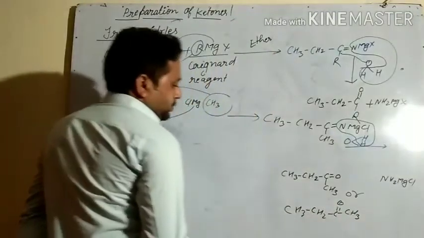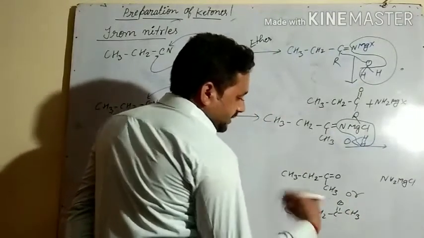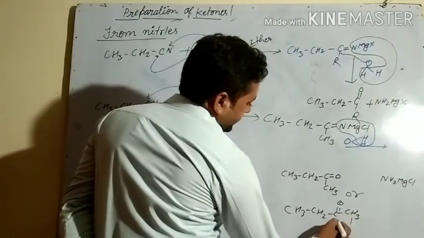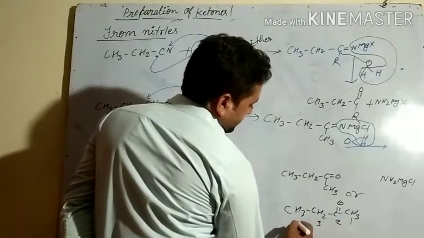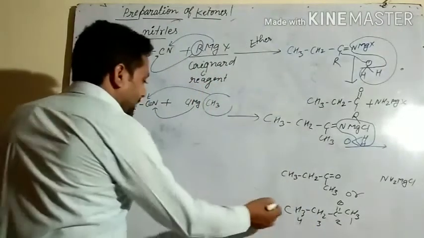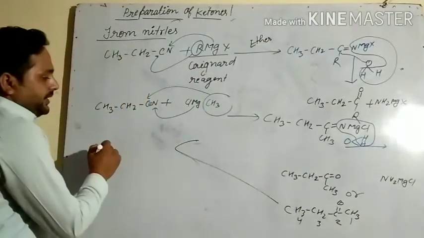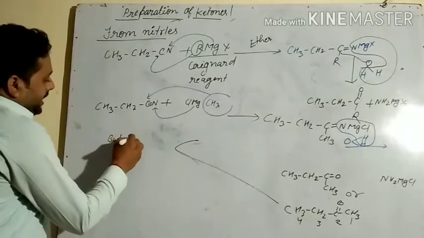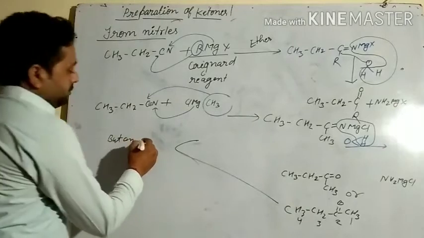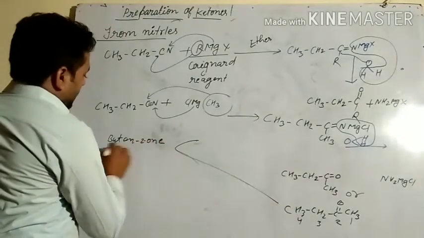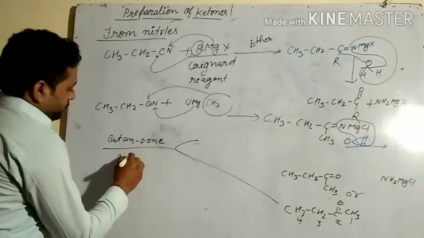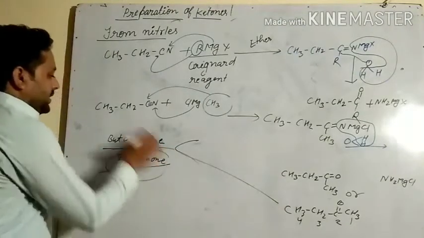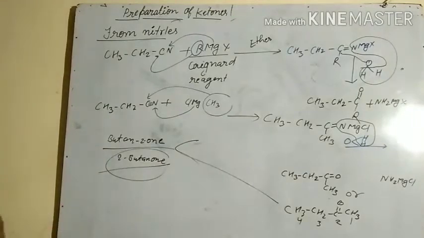We number it from that side, because from that side it gets the lowest number. So the name of this compound is butanone or we can write 2-butanone. Both are correct. So like this we can prepare.